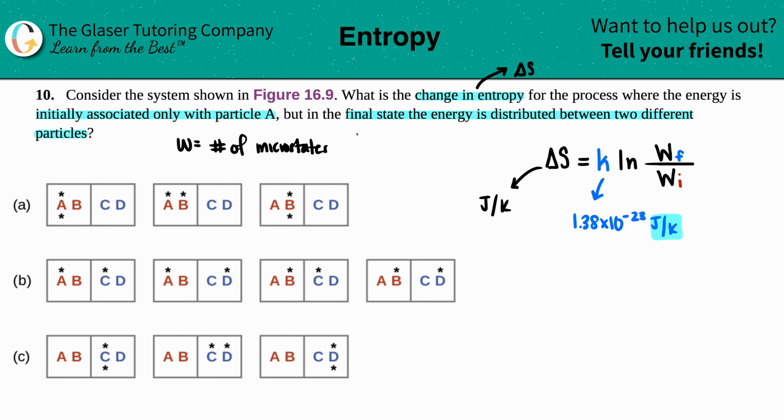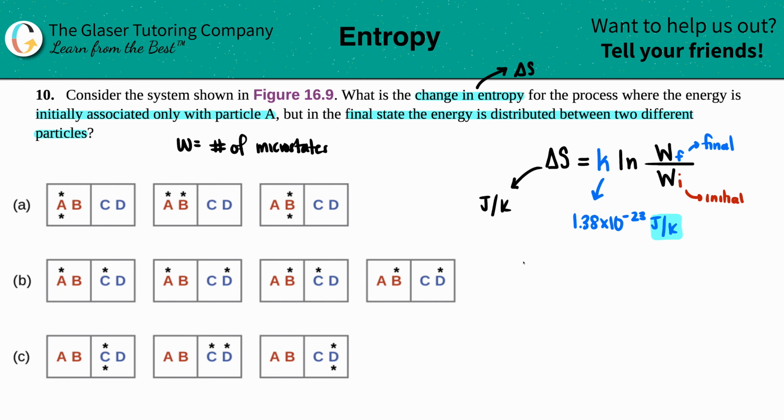Basically, microstates are like scenarios, right? Each one of these is represented as a microstate or a scenario. We just have to figure out how many microstates or scenarios is in the final thing that they told about, divided by the initial.